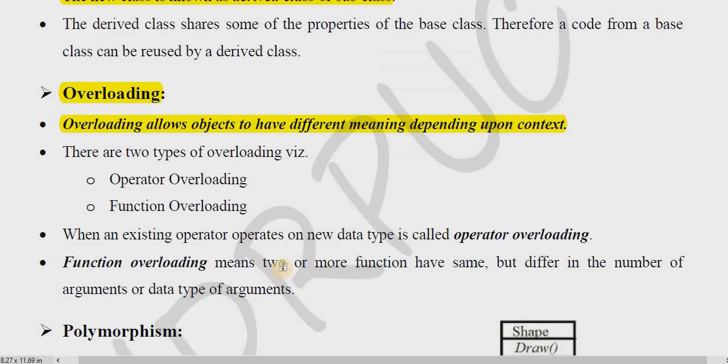Overloading means two or more functions having the same name but different argument lists are called overloaded functions. Overloading means the same thing can have different meanings or many uses. The same thing can be used for many purposes. This is called overloading.